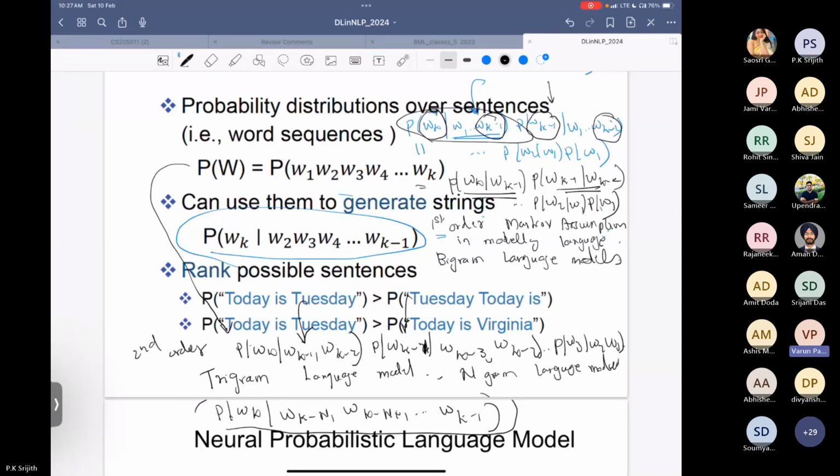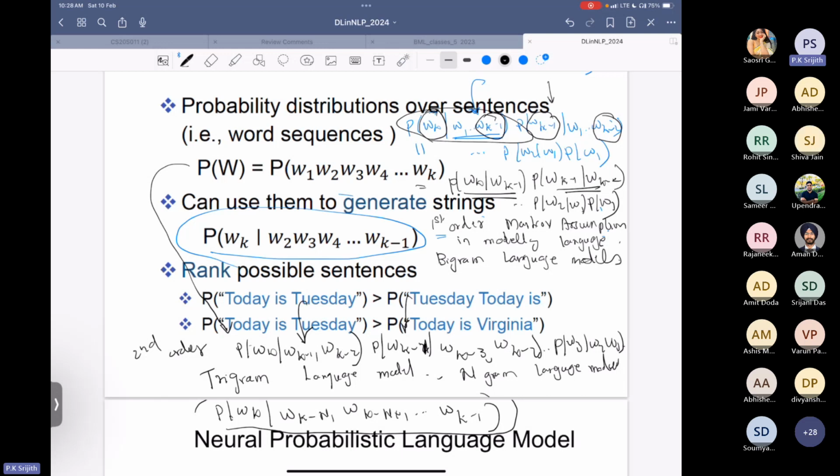In the example, "today is Tuesday" has a higher probability than "Tuesday today is". For example, if somebody has given "Tuesday today" or "today Tuesday", then we know that it should be "today is Tuesday". In that case, the length of the correct sequence of words is more than what is actually given. So how do we know how many extra words we should look for while generating the correct sentence?